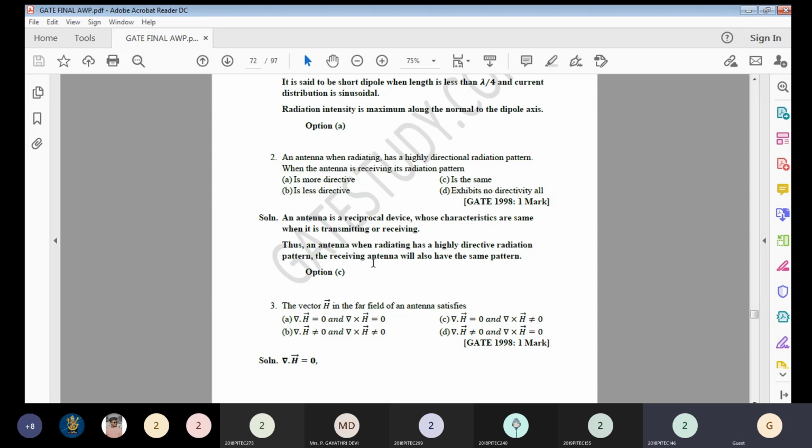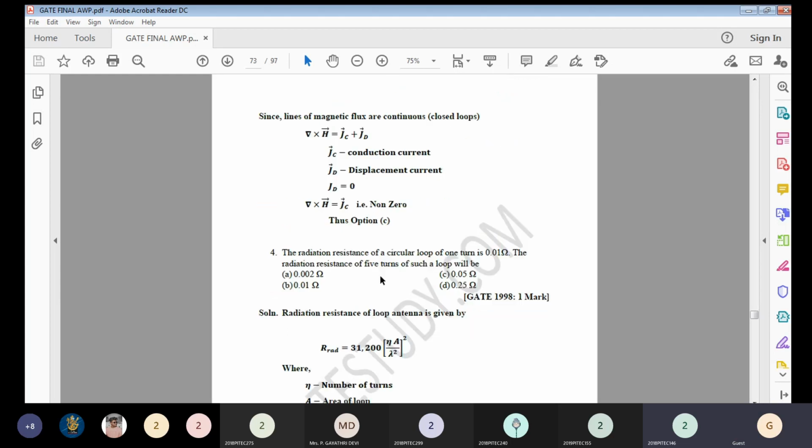That's the antenna concept. Thus, an antenna when radiating has a highly directive radiation pattern. The receiving antenna will also have the same pattern. For that, you have to mainly concentrate on the polarization concept. That's very, very important.